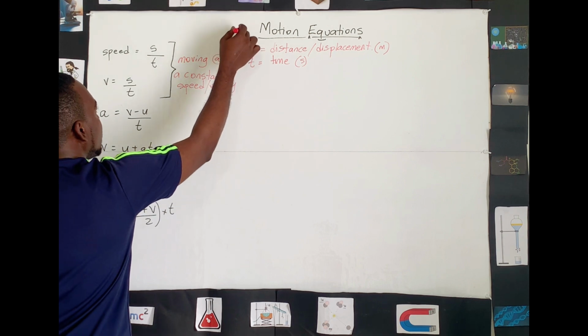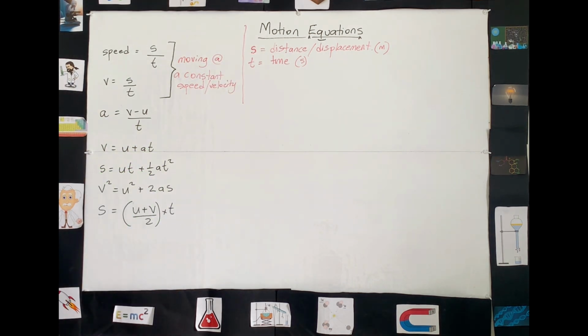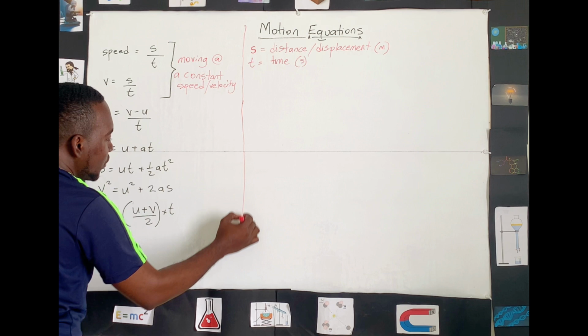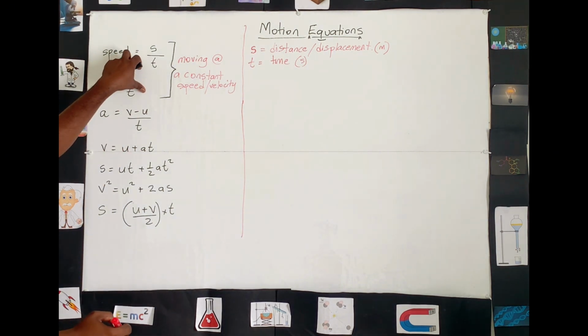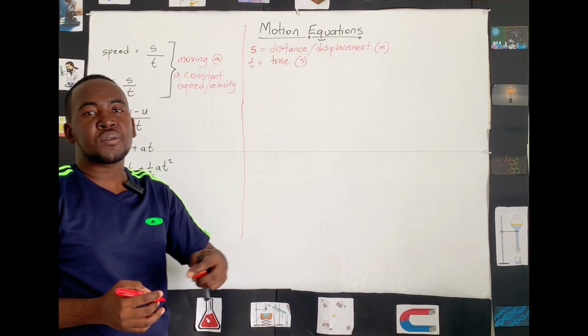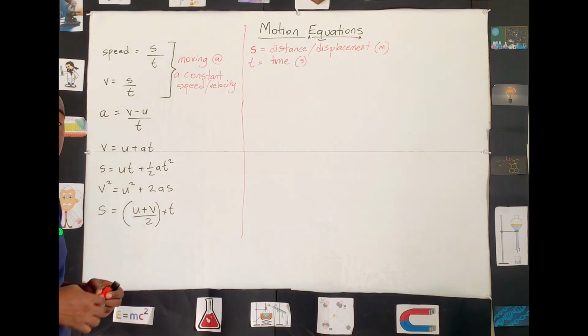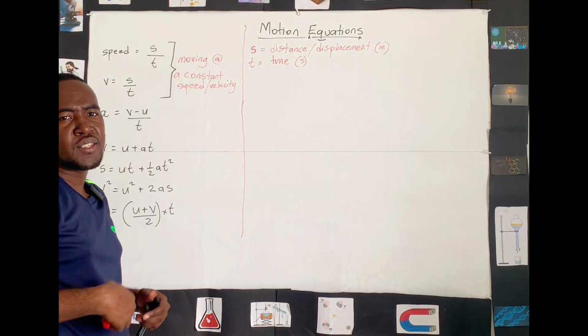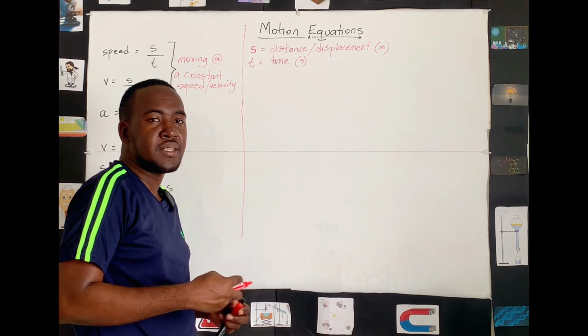We never use these two formulas if the object is accelerating, and accelerating from our previous lessons means that the speed or the velocity is changing.